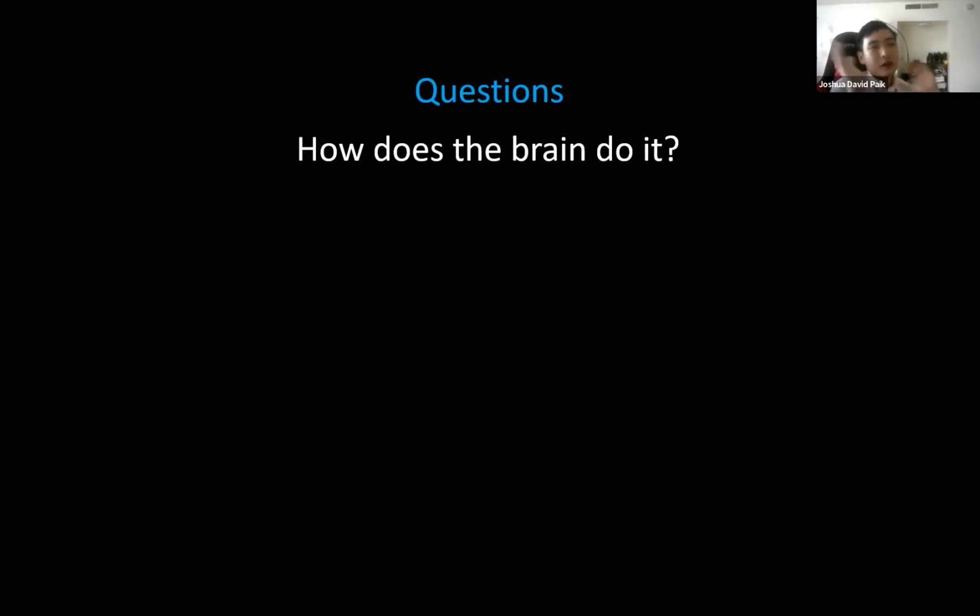Okay. So here are some basic questions we may want to ask about a convex code. Firstly, how does the brain do it, right? I'm saying that place cells are firing in correlation to spatial position, but the exact mechanism, does it go through visual cortex to get there?